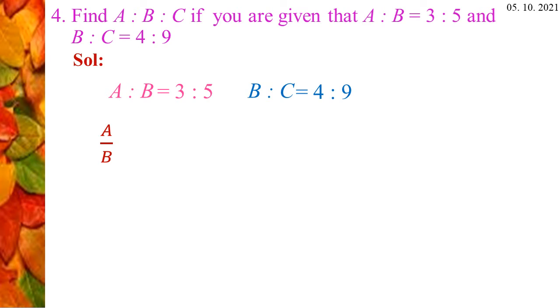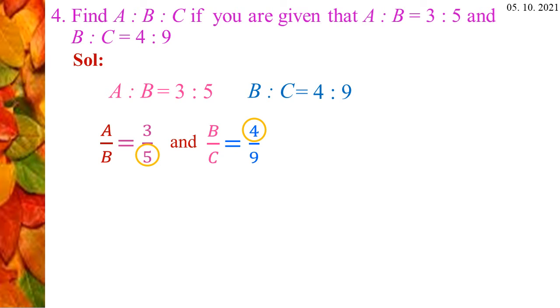A is to B means A by B, and 3 is to 5 means 3 by 5. Therefore A by B equals 3 by 5. And B is to C means B by C, equal to 4 is to 9, which means 4 by 9. We get B by C equals 4 by 9.